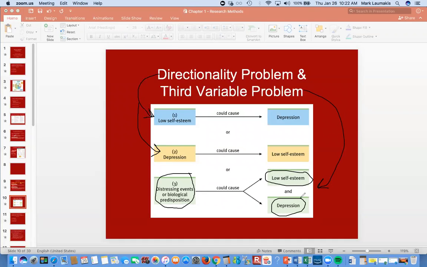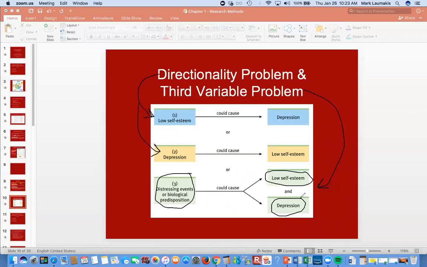Yes, that's also possible, right? So again, this is why we can't discern causation via these correlational studies, because we're subject to both problems with directionality and problems with third variables. Okay? Any questions on that at all?